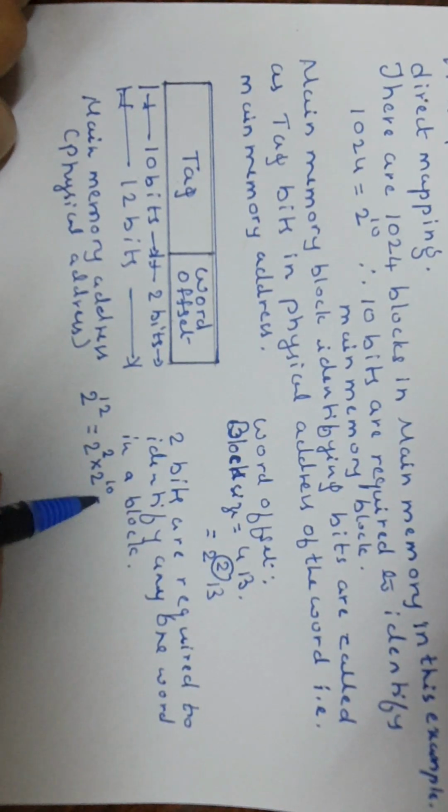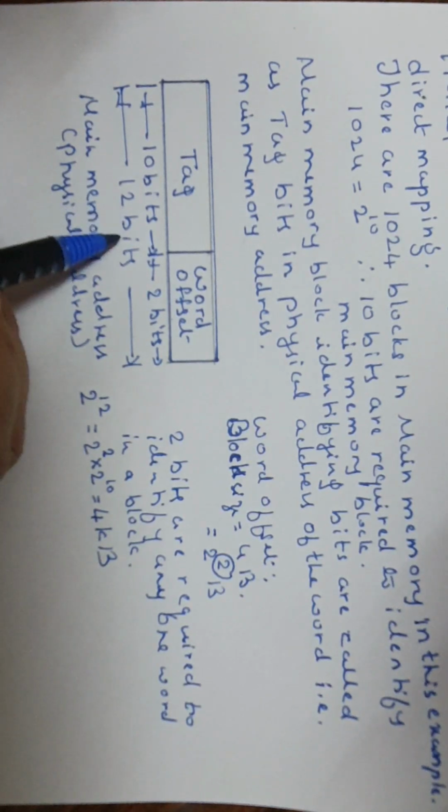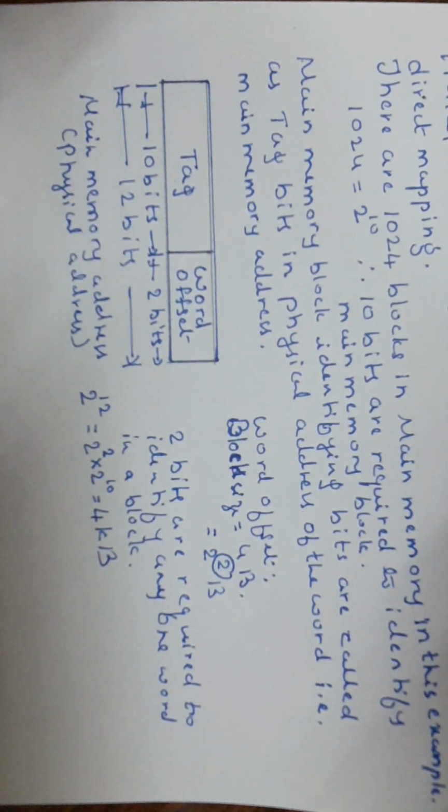So many bytes are there. This is written as 4 K. So many bytes are there. This is equal to the given main memory size. Hence these 12 bits, which are used to indicate one word in main memory, are correct.